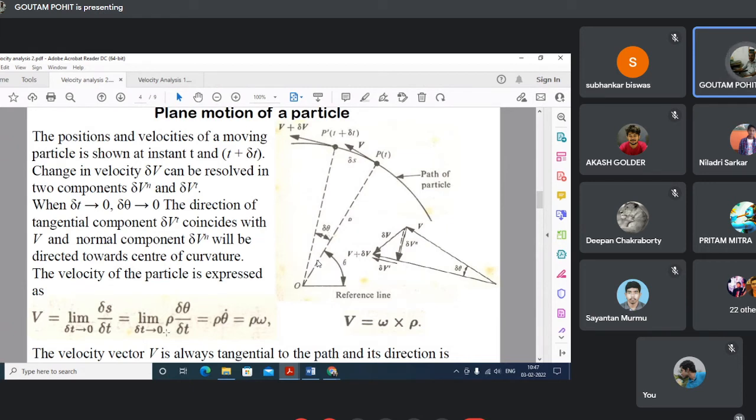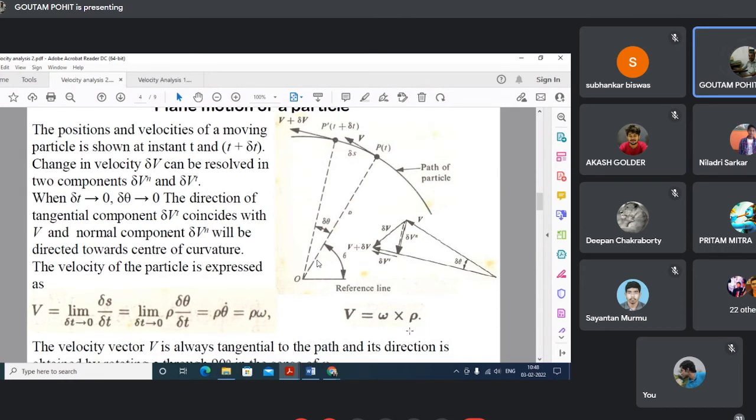So ultimately v will be equal to rho into theta dot, or rho into omega, the angular velocity. And in vectorial form it will be written as v equals omega cross rho, where both omega and rho are vector quantities.